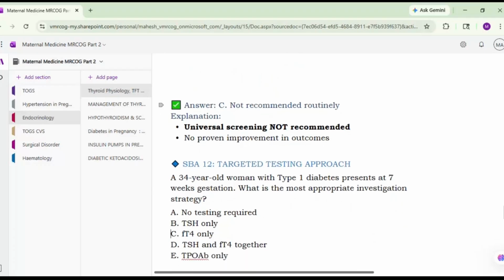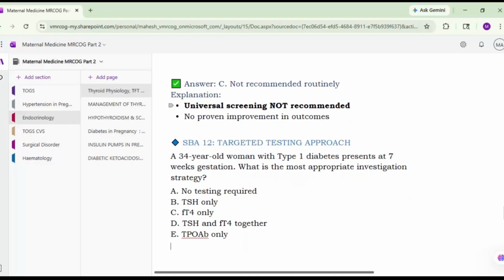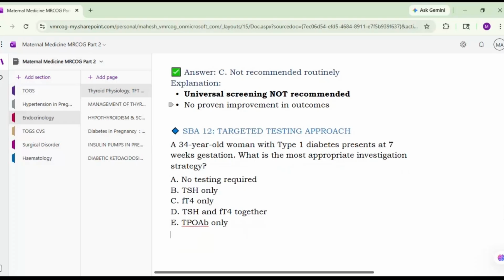Okay, next. A 34-year-old woman with type 1 diabetes presents at 7 weeks gestation. What is the most appropriate investigation strategy? A. No testing is required. B. TSH only. C. Free T4 only. D. TSH and free T4 together. E. TPO antibody only.